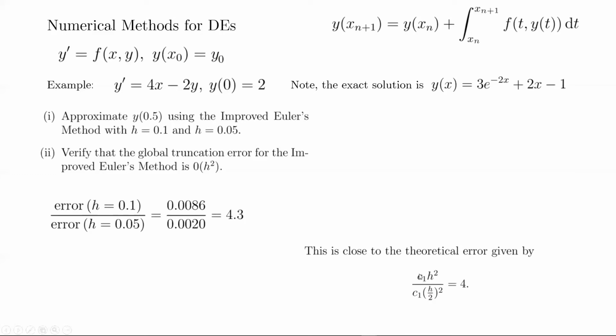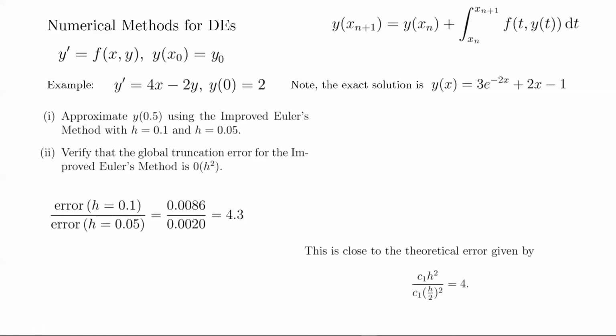So if I look at the ratio of C1 h squared over C1 (h over 2) squared, well, the constants cancel. The h squareds are going to cancel. I end up with 1 divided by 1/2 squared, which is a quarter. So I get 1 divided by a quarter, which is 4. Okay, and we got 4.3. So in fact, it's better than the theoretical.